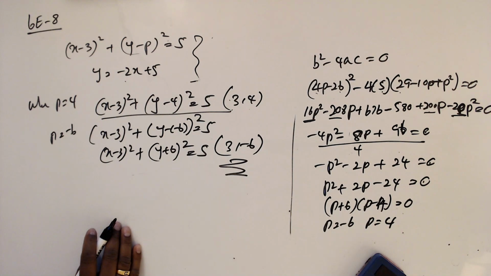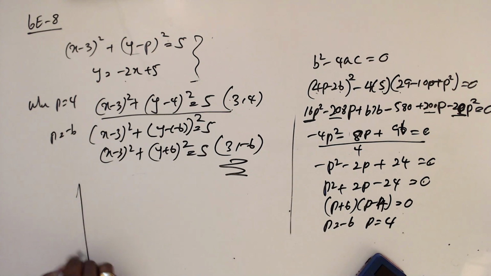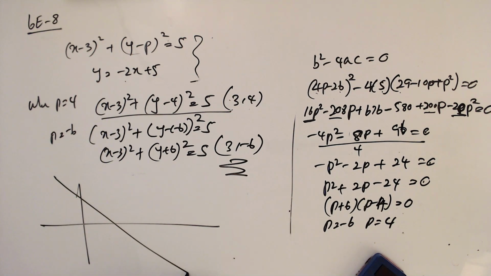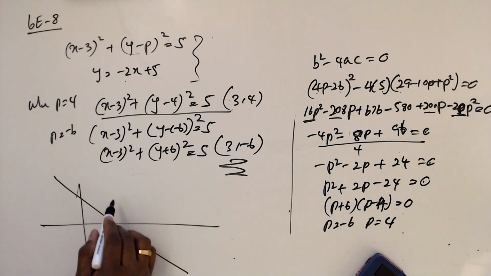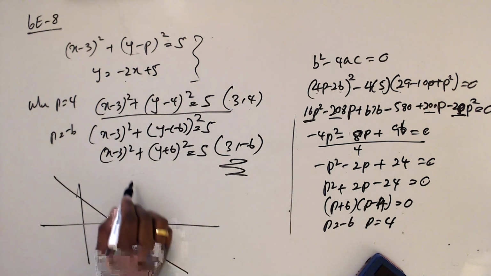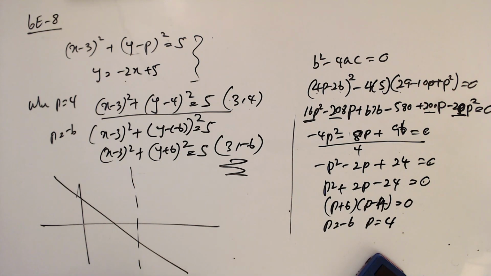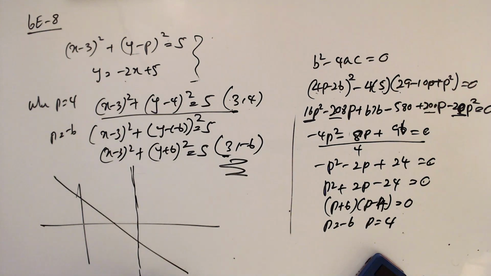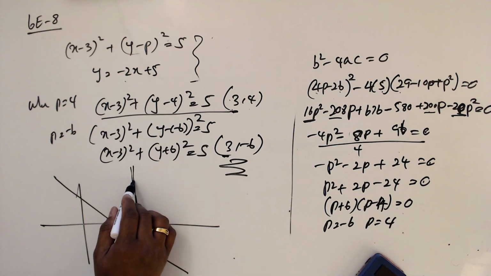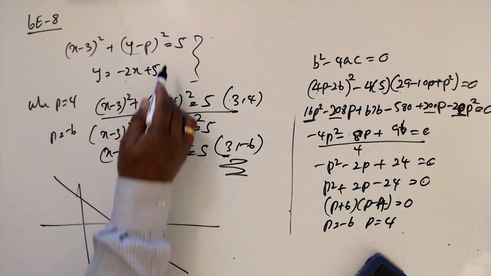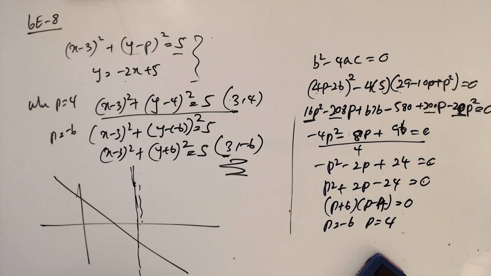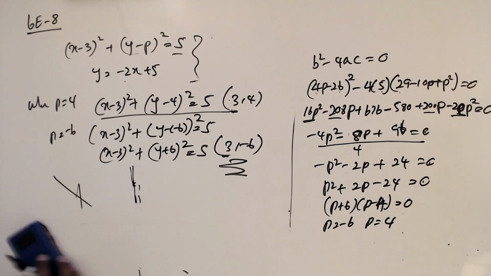Basically you really need to understand what the equation is. The line goes like this, and this is the x = 3 line, and the radius is root 5. So this is going to be (3, 4), and this is going to be (3, -6). I have to rework.